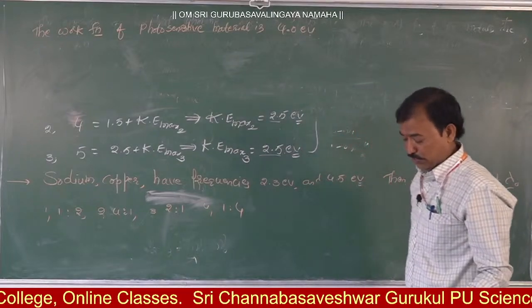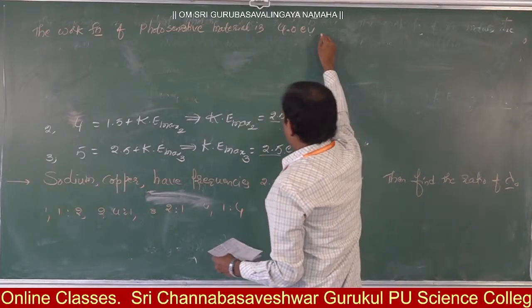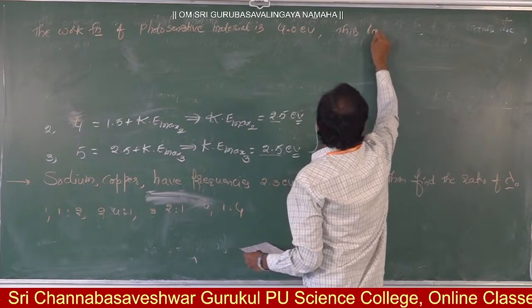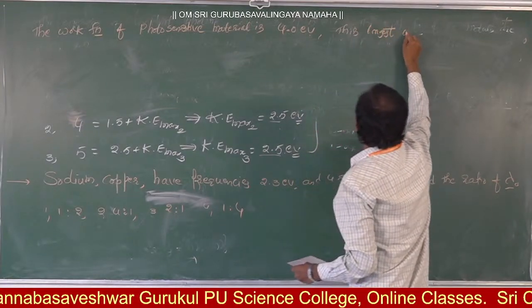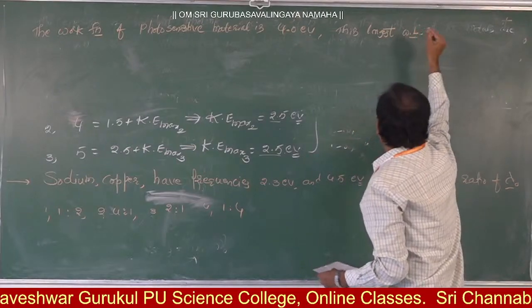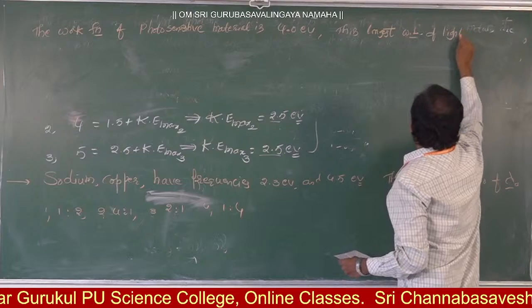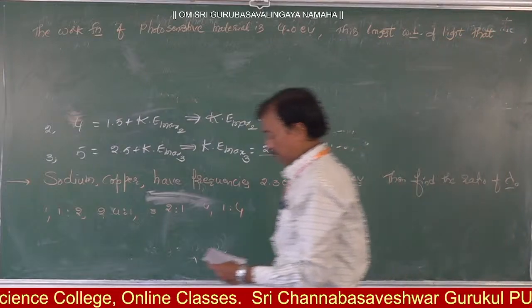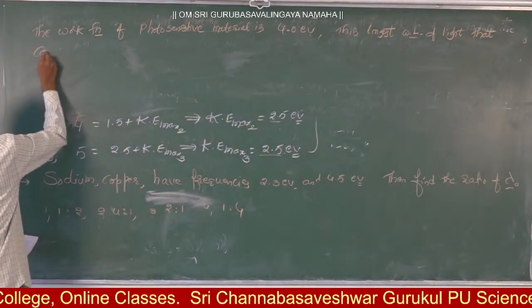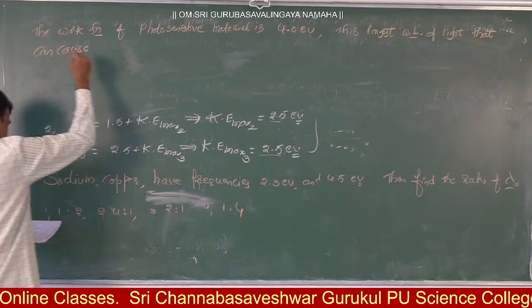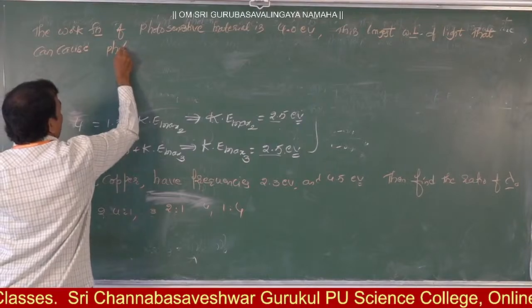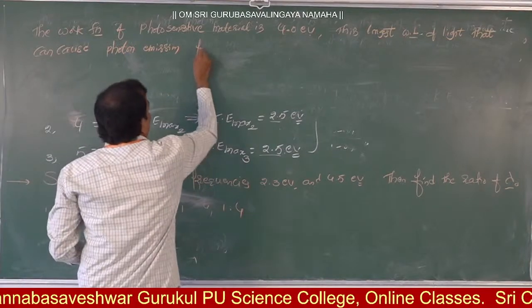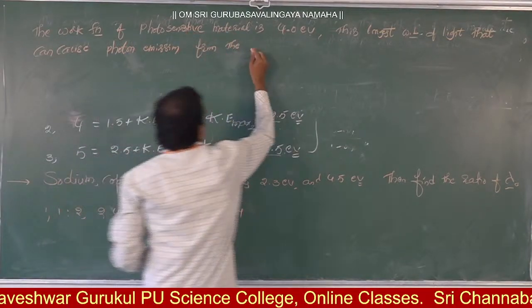What is the longest wavelength of light that can cause photoemission from the metal?